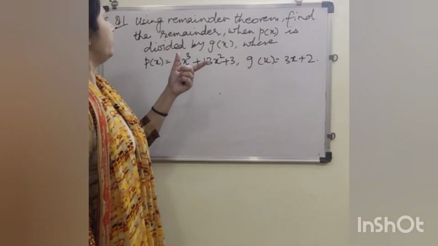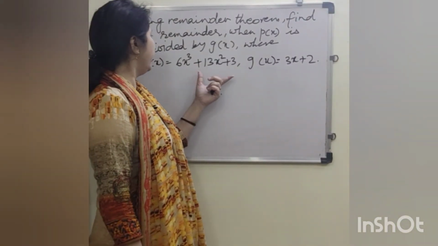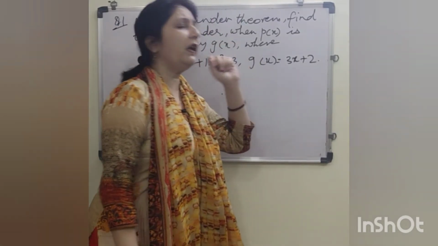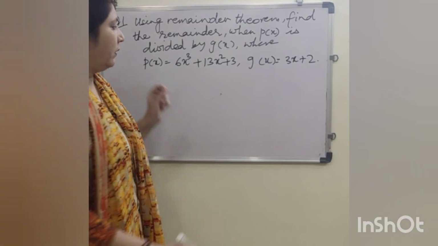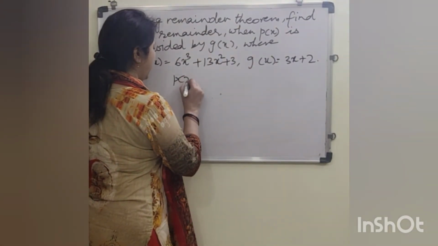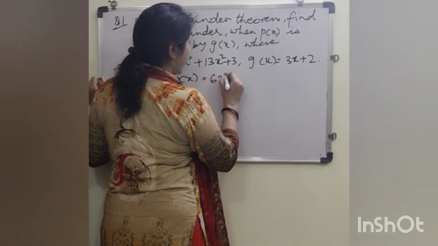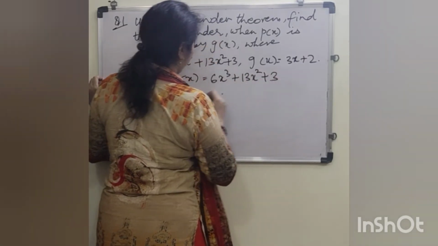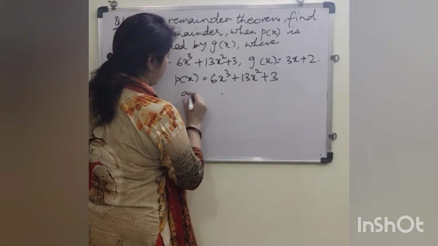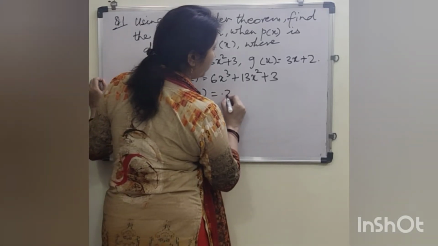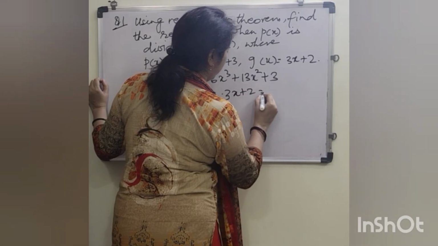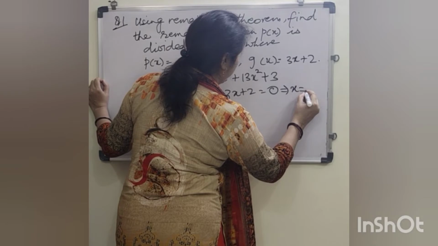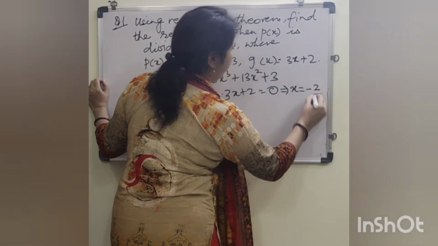Now another question where your P(x) is 6x cube plus 13x square plus 3, whereas your G(x) is 3x plus 2. So same way we write P(x) as 6x cube plus 13x square plus 3 and we put G(x), which is 3x plus 2, equal to 0, which gives you x is equal to minus 2 upon 3.